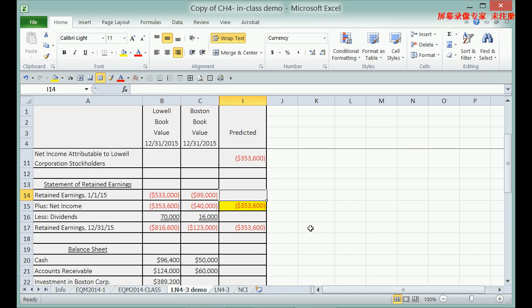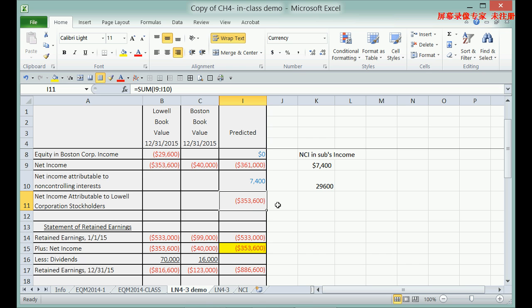Retained earnings 1/1 equals the parent's, because the parent's shareholders have the claim to the retained earnings of the subsidiary, plus the net income. I want to point out, this net income number has to be the net income to the parent or to the CI. The reason is that the statement of retained earnings is the claim of the reserve of the company by CI's shareholders, by Lowell's shareholders.